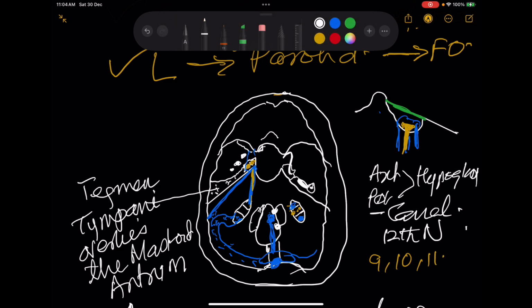Then you have the internal acoustic meatus on the petrous temporal bone, so the 12th nerve through the hypoglossal canal, the 9th, 10th and 11th through the jugular foramen, the 7th and the 8th, the facial and the vestibulocochlear, through the internal acoustic meatus. All right. And this finishes the posterior cranial fossa.